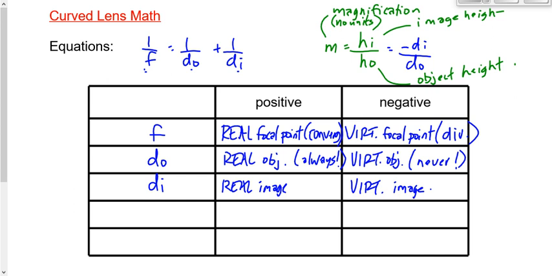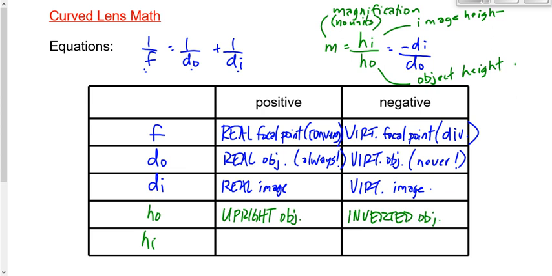All right, let's fill in Ho and Hi here now. Ho is positive if the object is upright. So green doesn't refer to real or virtual. Green is referring to right side up or upside down. It's a positive height if the object is upright, and it's a negative height if the object is inverted.